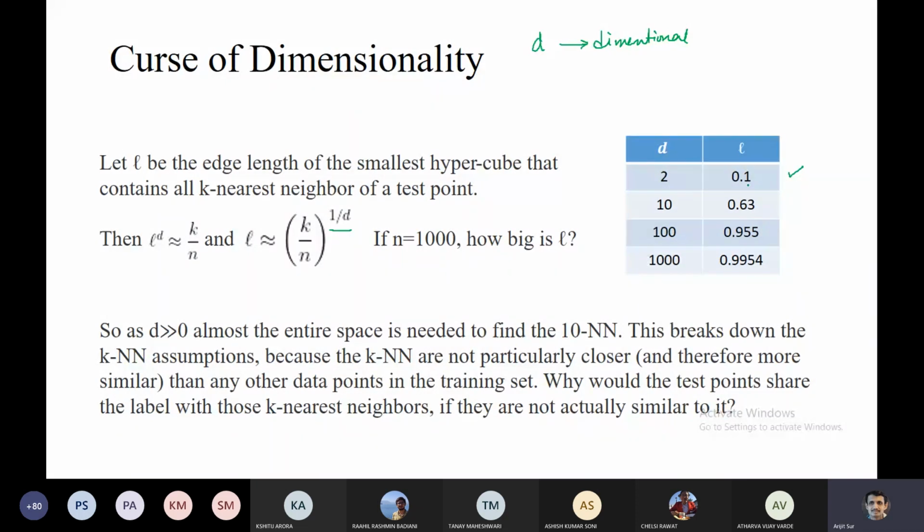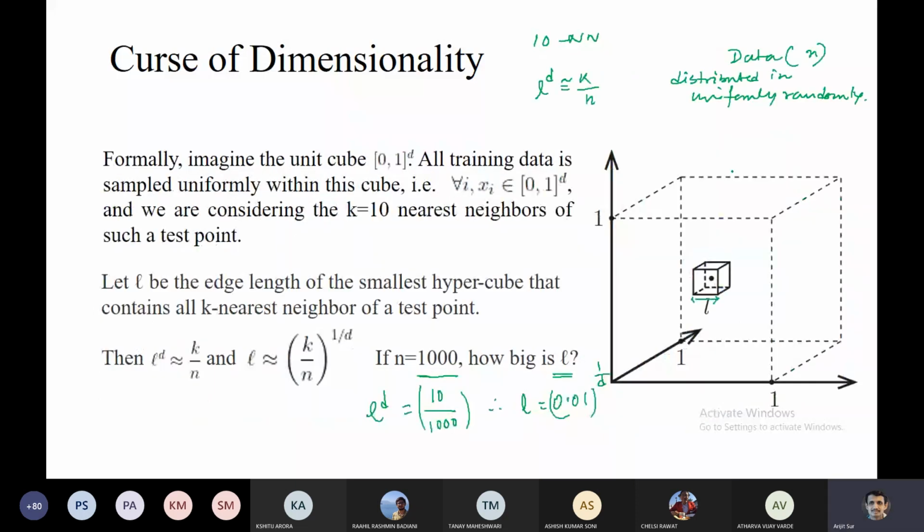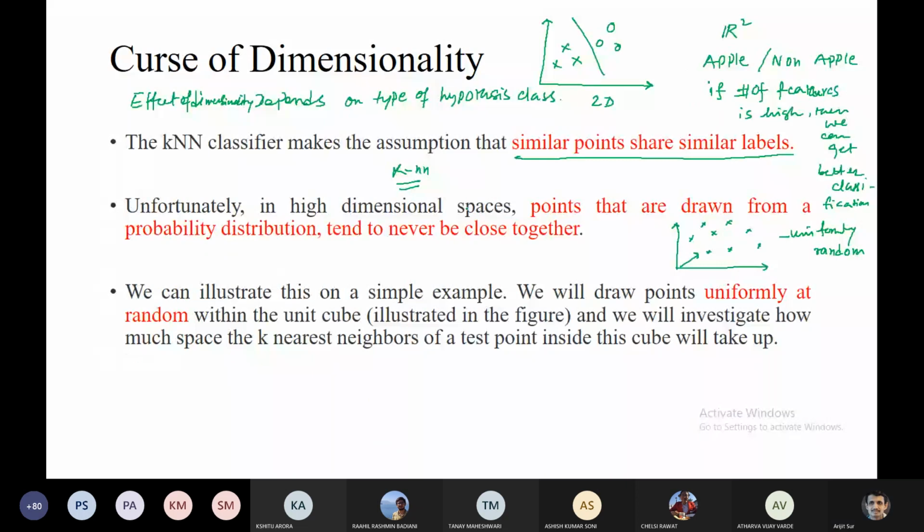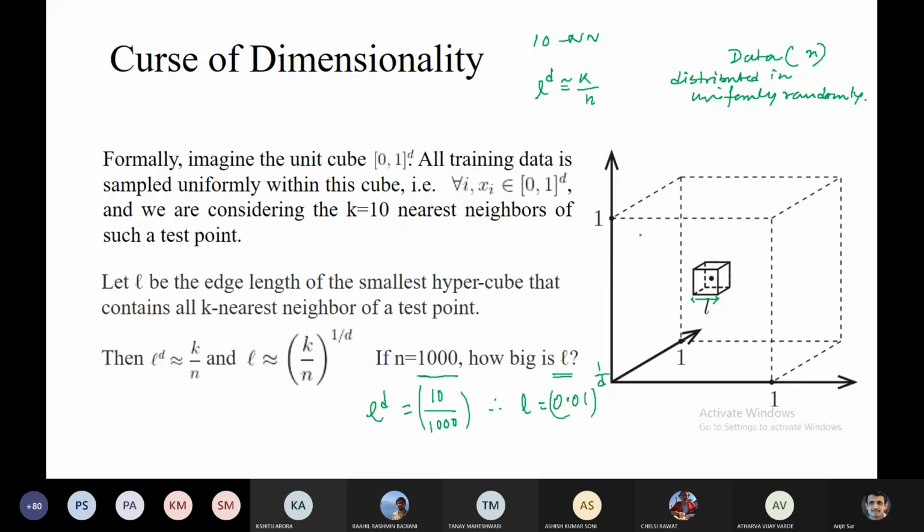If d becomes 10, it becomes 0.63. But one thing to understand is that this big cube is 1 only. This is the training data sampled uniformly, so this cube has unit volume, and we are trying to find out what L is.